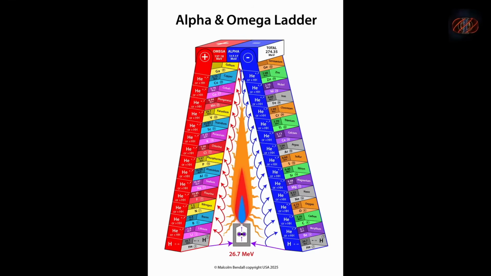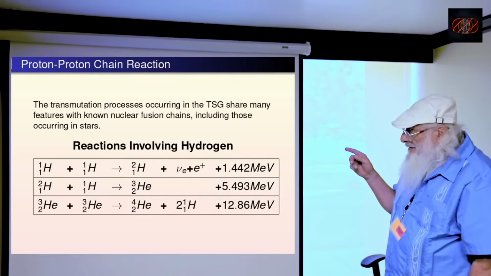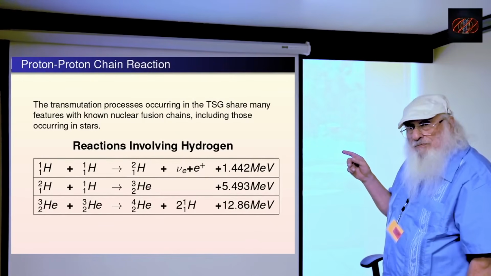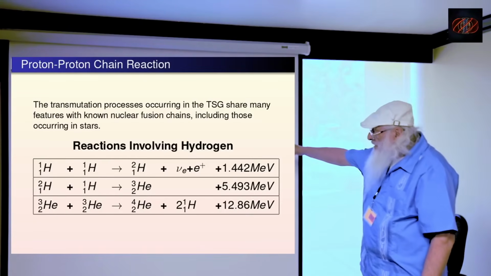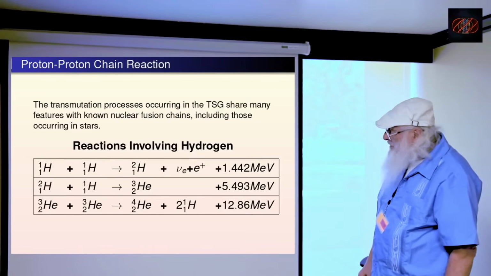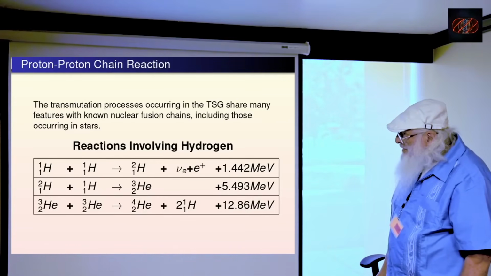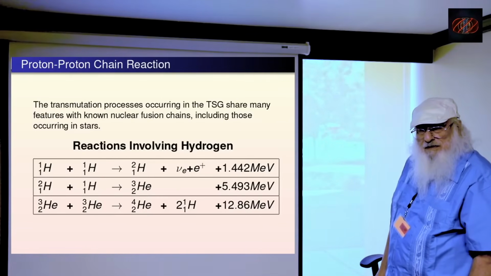Now, if we want to look closer at the different reactions, this is the reactions involving hydrogen. A hydrogen with a hydrogen fused together creates an isotope of hydrogen, which is called deuterium. And you can see it emits energy. For each time that happens, 1.442 million electron volts are released.